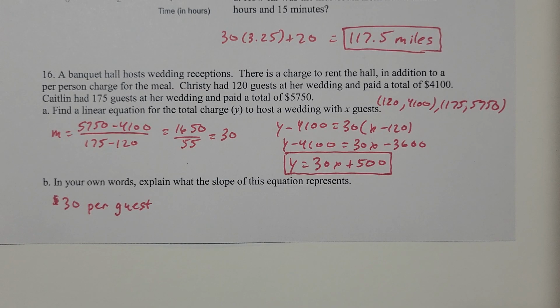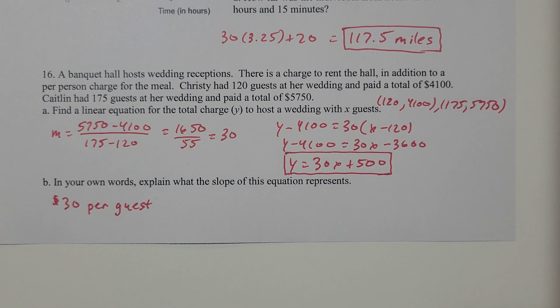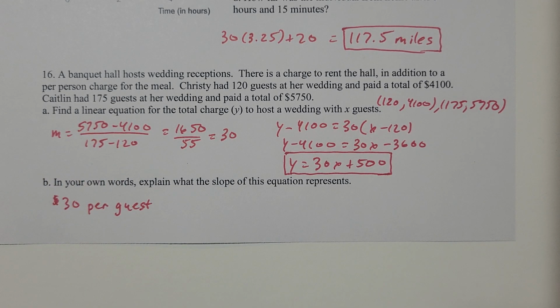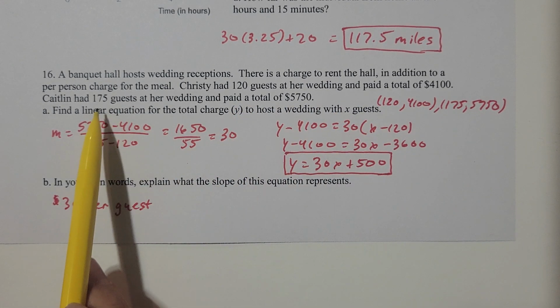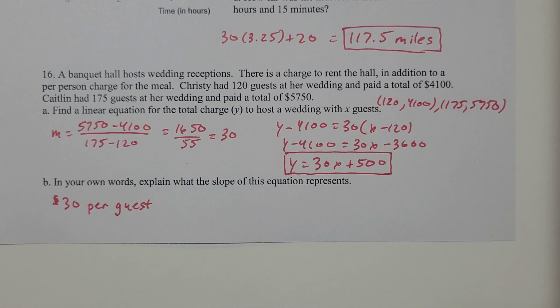Okay, so let's see. The last two sentences in this information are really them telling me 2 points on the graph of this line. I need to find a linear equation, so I know I'm working with a line, right? The points (120, 4,100) and (175, 5,750) are 2 points on this line.